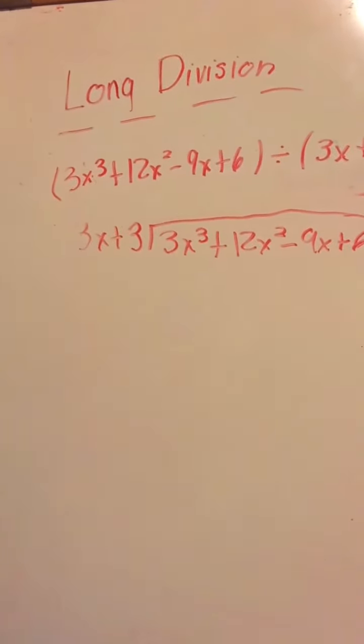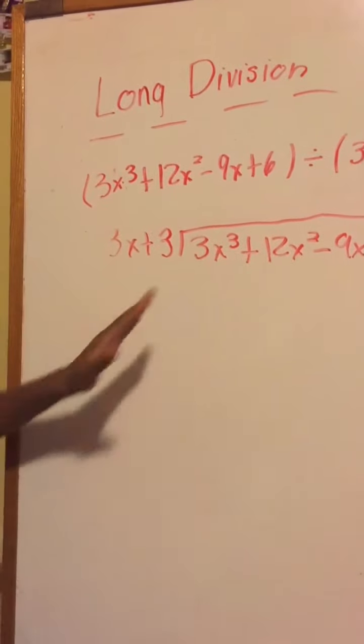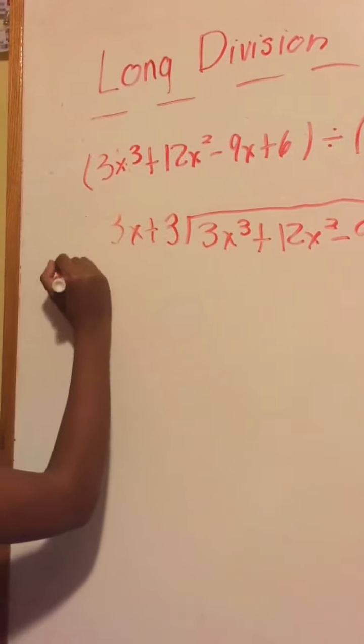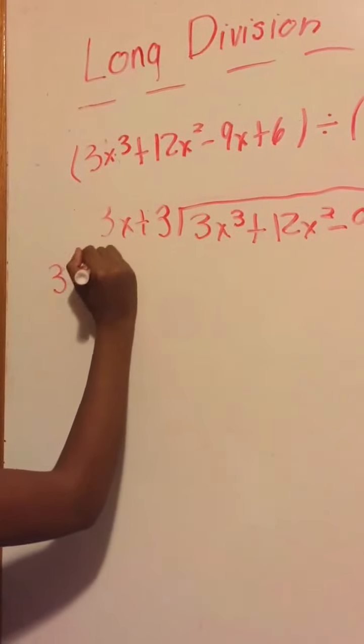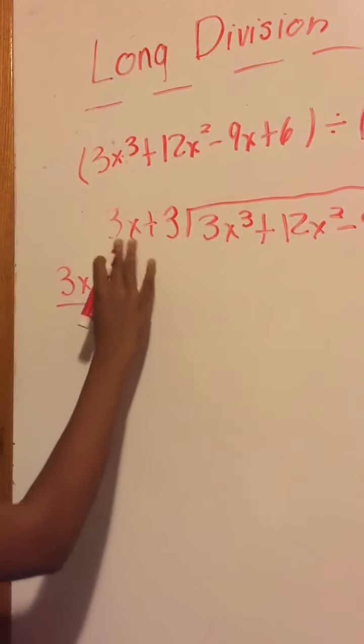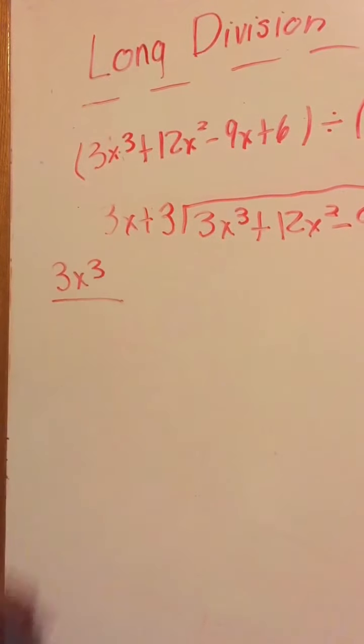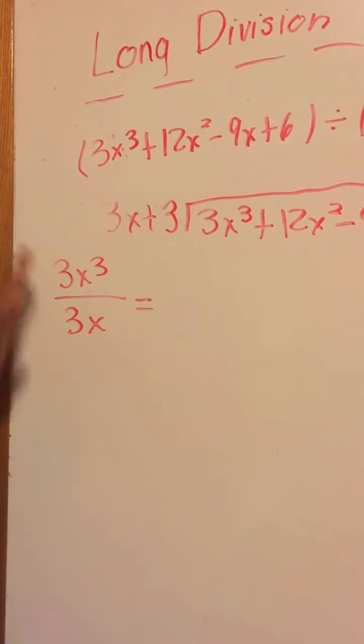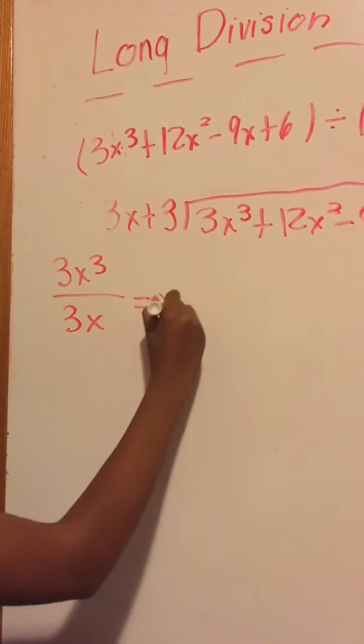The first thing that you want to do once you get it into this form is cancel out your 3x cubed. And the way that you do that is you take your 3x cubed and divide it by this 3x, that's from the outside problem. Once you divide that, it gets you x squared.